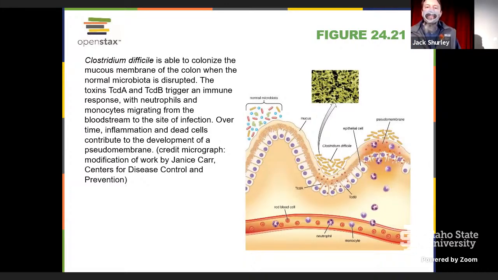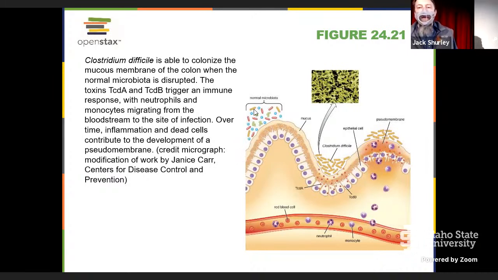So you've got a few of these that we will maybe think of as normal flora, but they're held in check by the rest of the other players within the GI tract. And as the others' populations decline, you get the potential for an overgrowth.